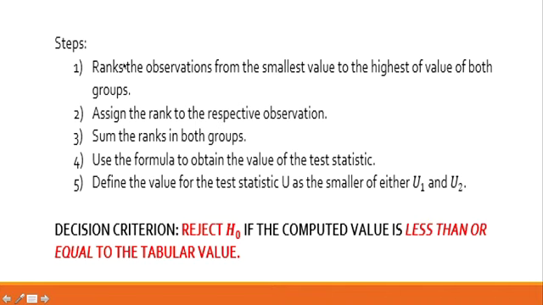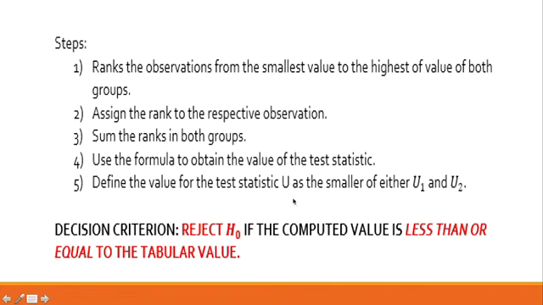Pagsasama-samahin mo muna kapag nagra-rank ka, tapos ibabalik mo isa-isa doon, depende kung saang group na belong yon, and then you get the sum of the ranks, and then substitute in the formula and choose which of the U sub 1 or U sub 2 has the smaller value, and that is your UCV, or the computed value of the Mann-Whitney test.